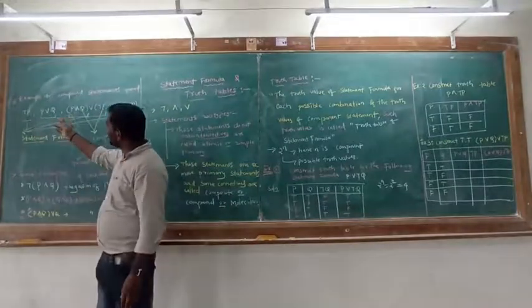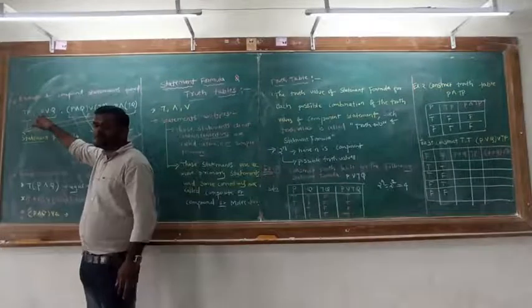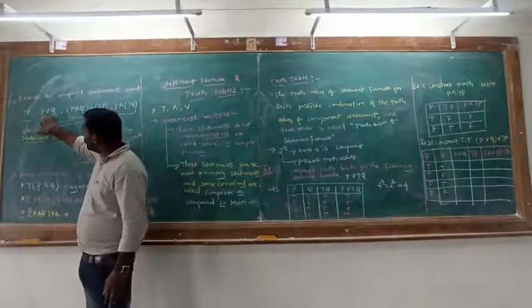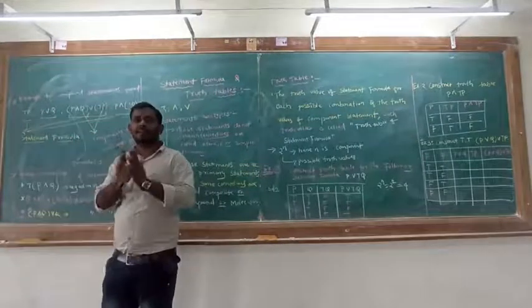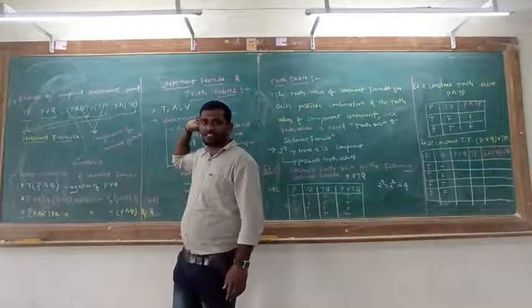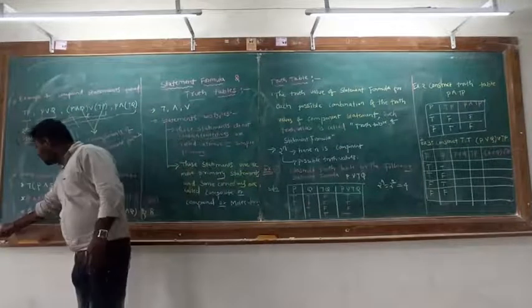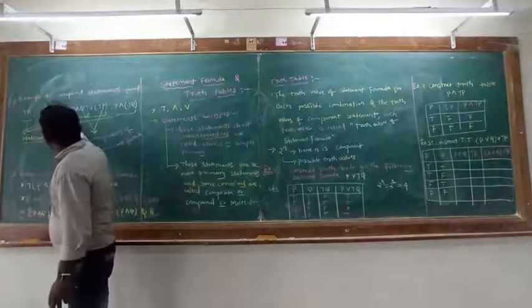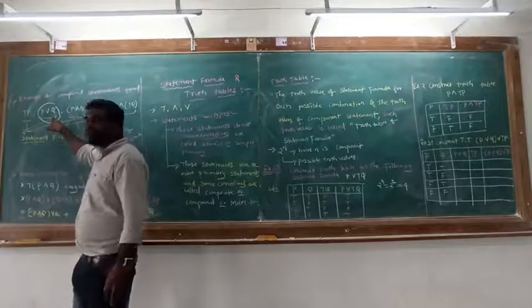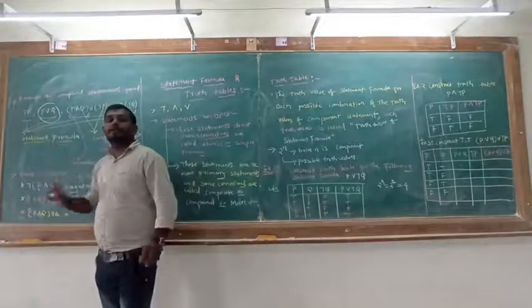Second, P disjunction Q, meaning P or Q. Here there are two primary statements, and we are combining both by using the disjunction connective. This whole composite statement is called a statement formula.